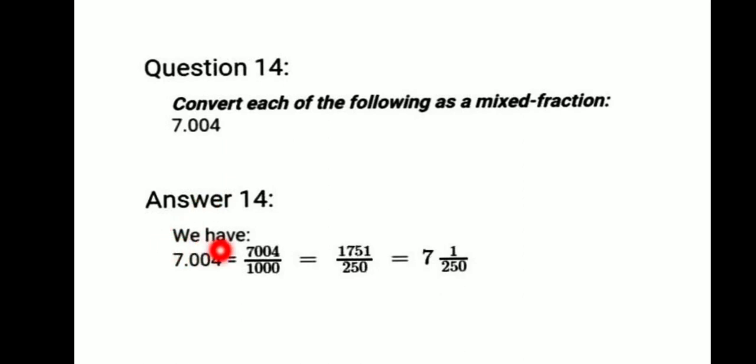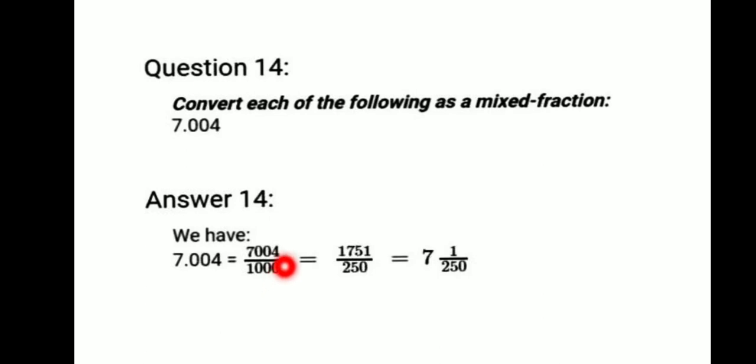7.004. We have 7.004 and 7004 upon 1000. This is the fraction, and here this number should be divisible by 4.